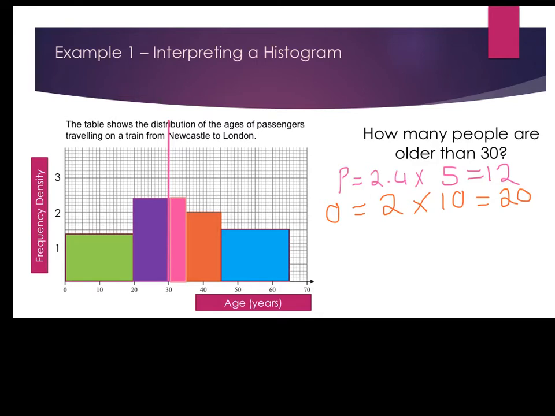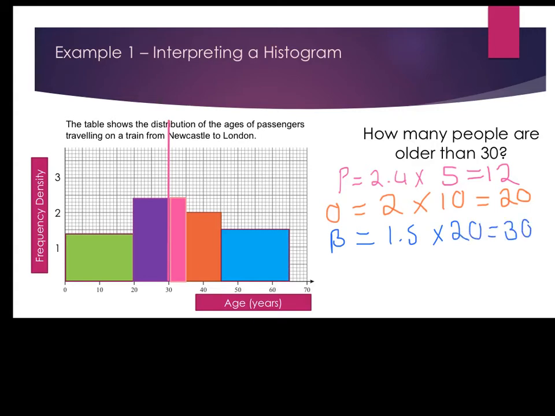And finally we're going to look at the blue section. In the blue section we've got a class width from 45 to 65, so that's a class width of 20, and we've got a height of 1.5. So for the blue section, 1.5 times by 20, which gets us the answer of 30 people.